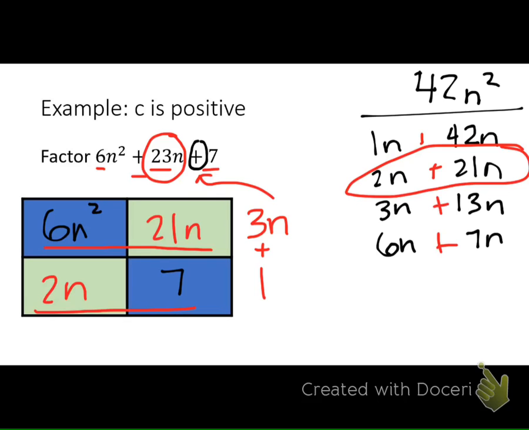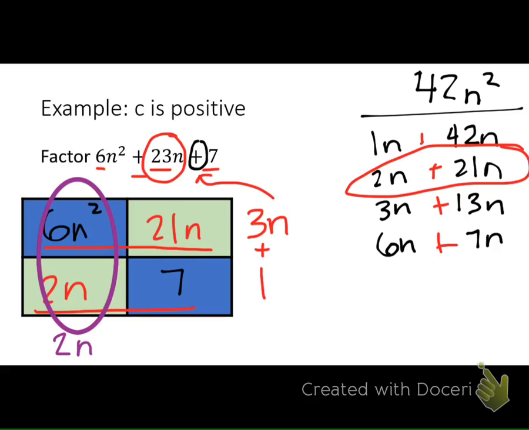So now I want to go and look at my columns. In that first column, I have 6n squared and 2n, which actually gives me a 2n.